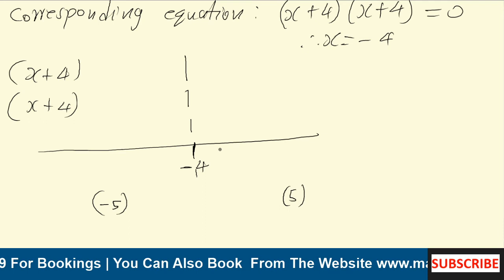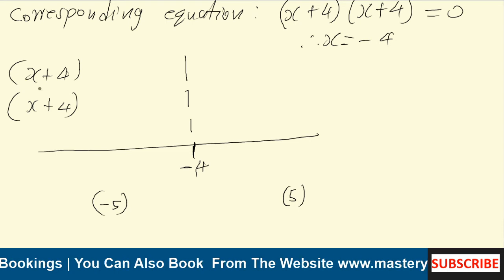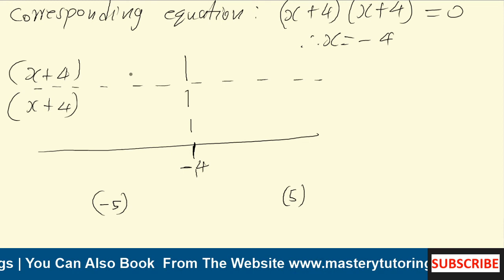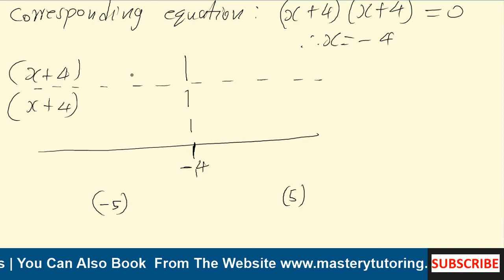So I'm going to substitute now. When you substitute negative 5 here, what is the sign of the answer that you get? You get a negative. You don't even have to write the value.